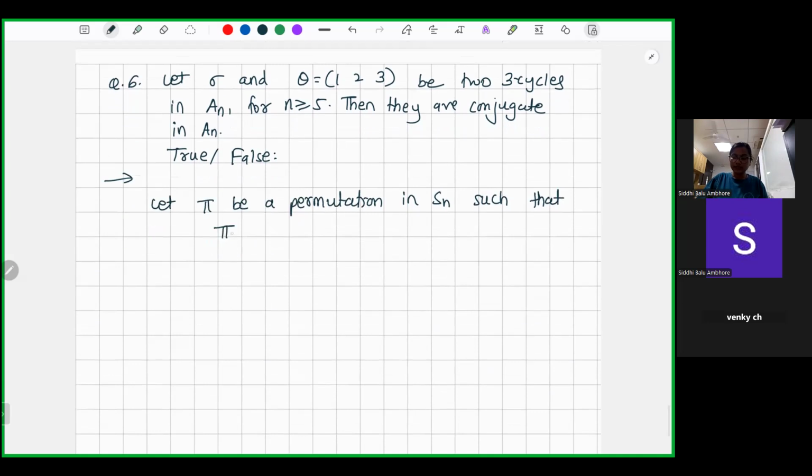We are starting with this conjugacy, and we will try to see how this pi looks.